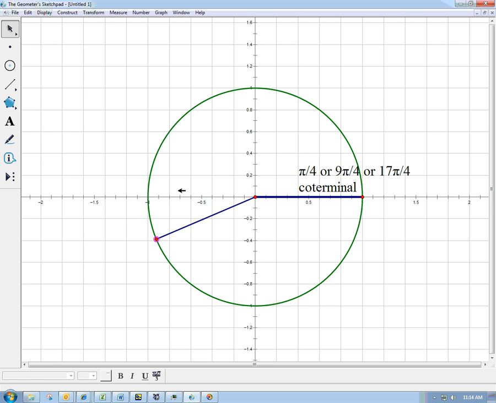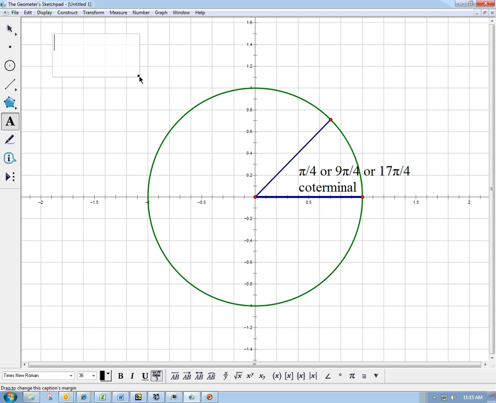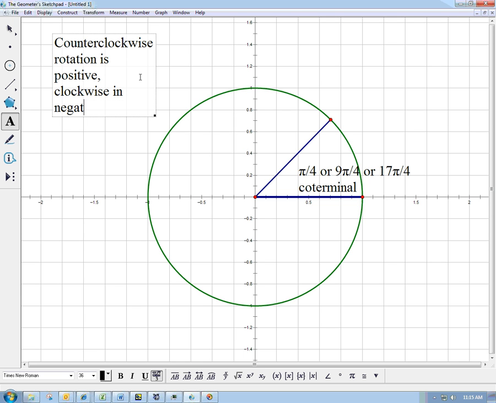And our convention is going to be that counterclockwise rotation, like this, is positive. Let me write that down. Counterclockwise rotation is positive, and clockwise is negative. It's just the standard mathematical convention.